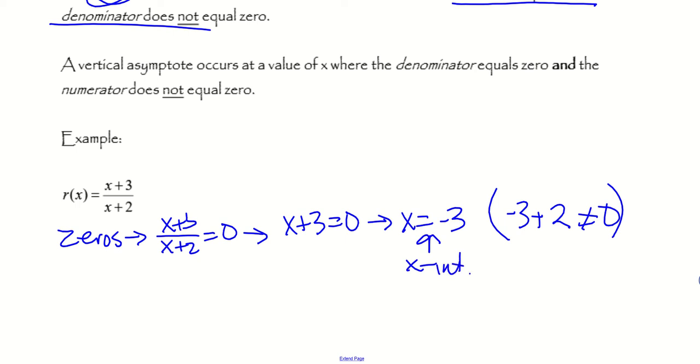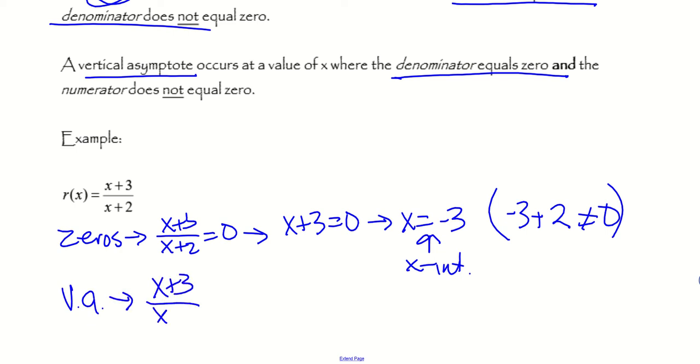Now, vertical asymptotes will happen where the denominator equals 0 and the numerator does not. So if I want to find my vertical asymptote for r of x, then I want to find where x plus 3 over x plus 2 doesn't exist, which is going to happen in a fraction when the denominator equals 0.